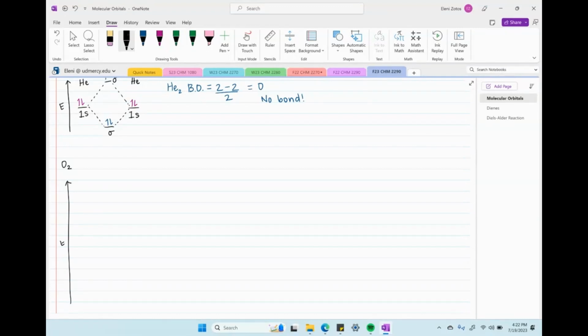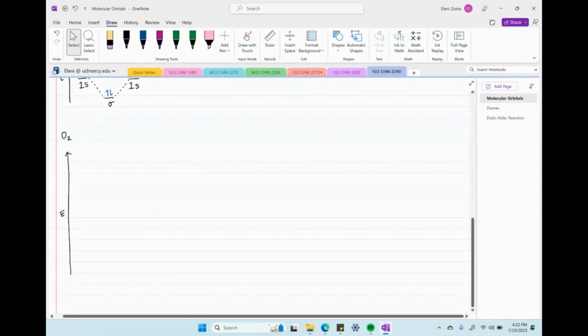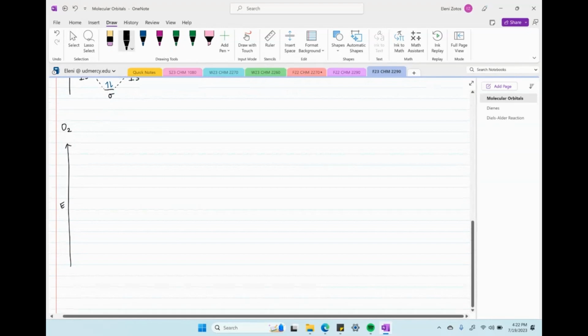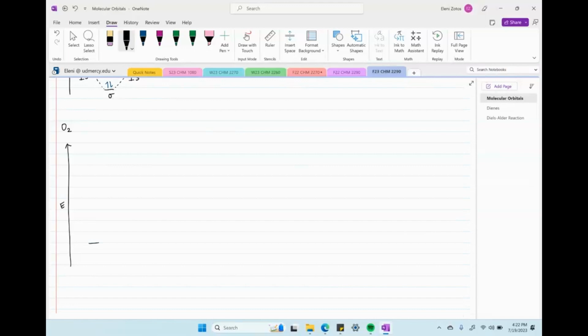We're still working on the energy scale. And recall that the s orbitals are lower energy than p. Let's remember we have 2 oxygen atoms. It has the 2s valence shell and the 2p valence shell.